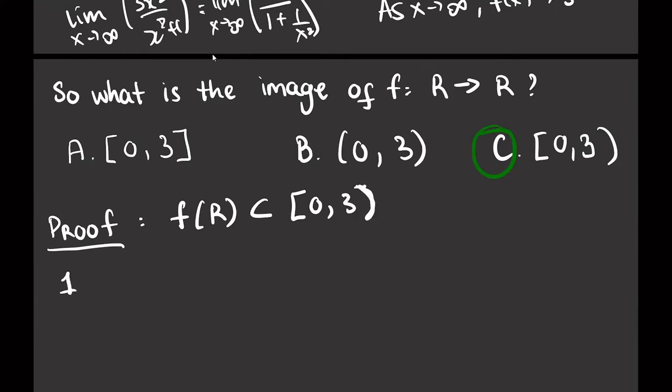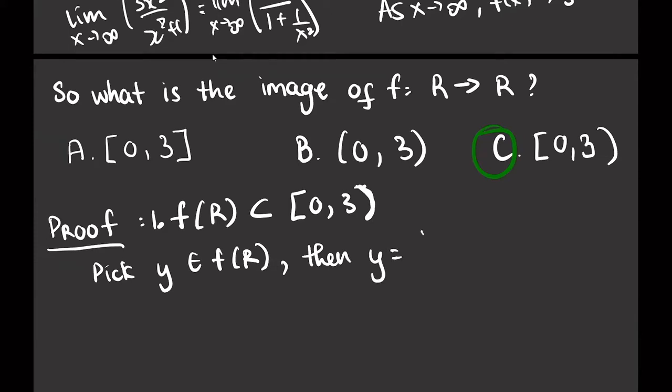So first step, I pick an element from f of R, then y would be equal to 3x squared over x squared plus 1. As I said, why not use the limit to negative infinity for the lower bound?